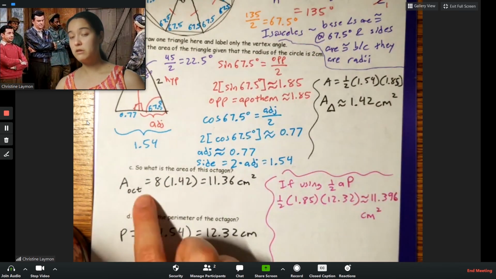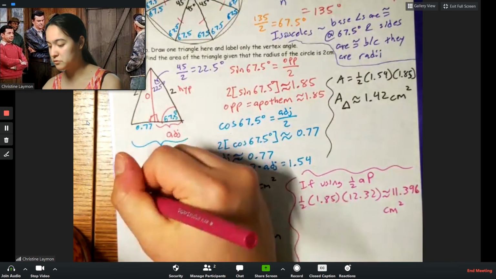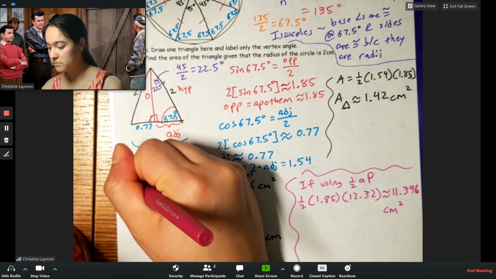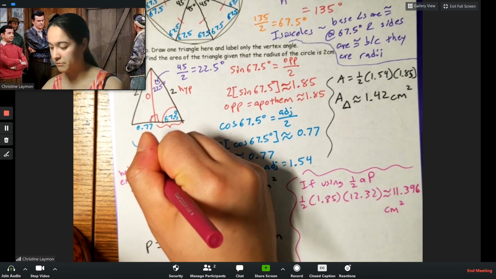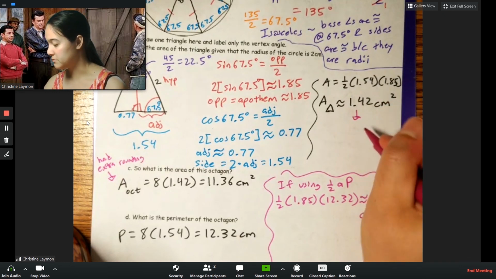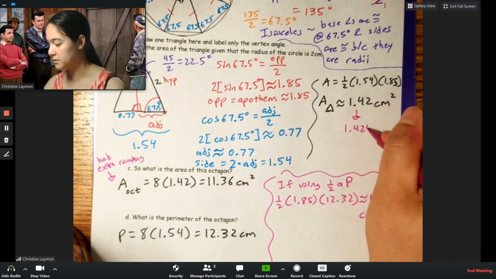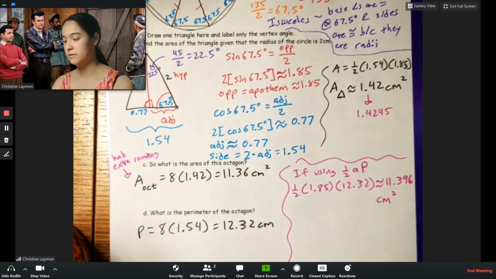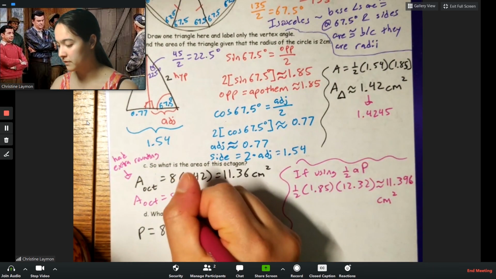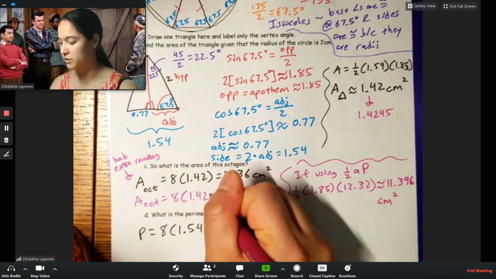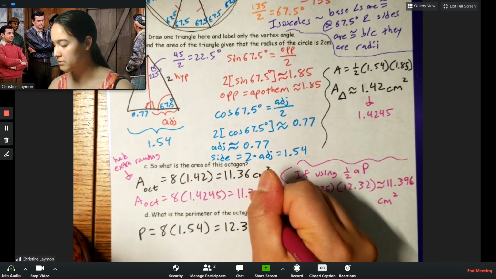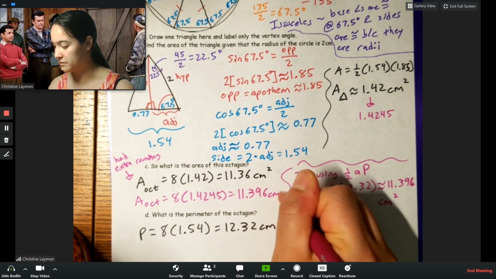So back over to here, I'm going to make a note. This one had extra rounding. Because this one here is better to use 1.4245. If I do area of octagon using that value, 8 times 1.4245, now I get the 11.396 centimeters squared.